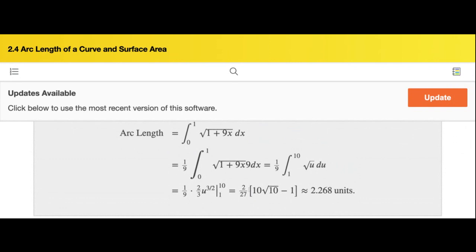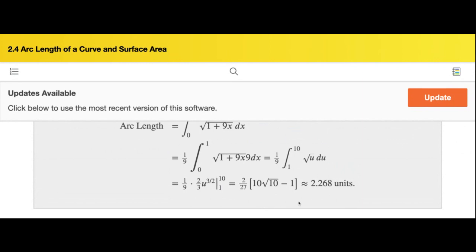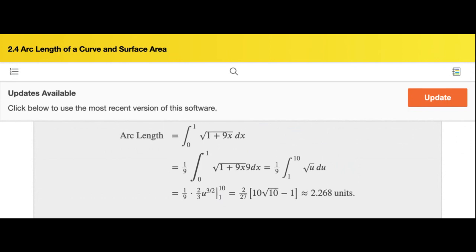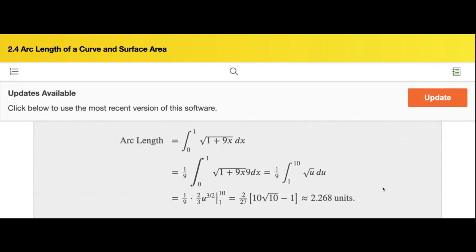So we may simplify this. We would get 20 over 27 square root of 10 minus 2 over 27. Keep it like this. But if you really want to state the length, you can approximate it with 2.268. Okay, anyone has any questions?